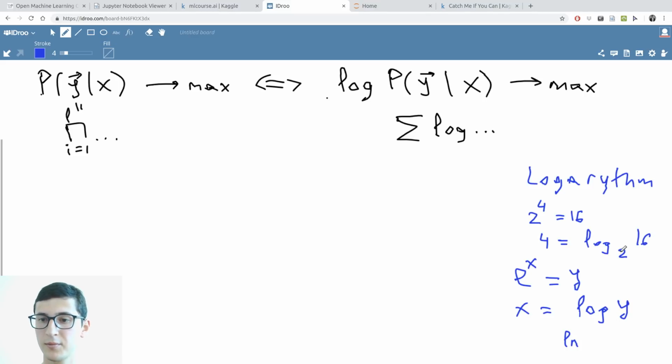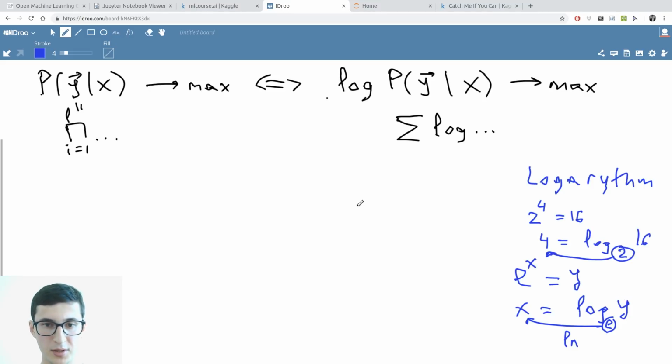How it works: we take a look at the base of the logarithm, and if we exponentiate it with the value of the expression, 4, we'll get this value 16. By the same token, here x is the logarithm with base e of y, so base e to the power of x equals y.